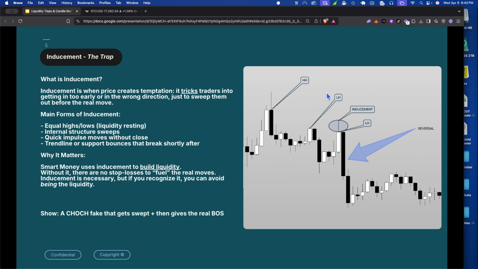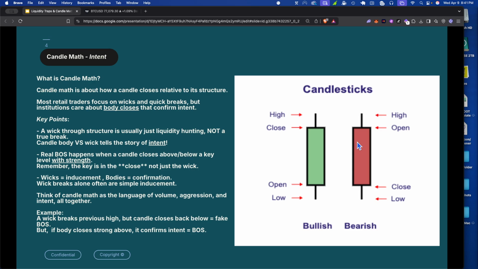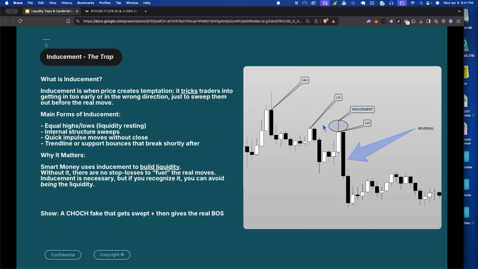Then we have a lower high, and if you are one of the retail traders that trades off wicks, you would have seen this and thought this was a break of structure. This is not. You can see the wick takes out the liquidity level above and induces traders, and we'll talk about what induction is, to think that that's a break of structure, where in reality the closure is actually below. And then once we print the lower high, because the body closes below the previous high, we have the reversal.